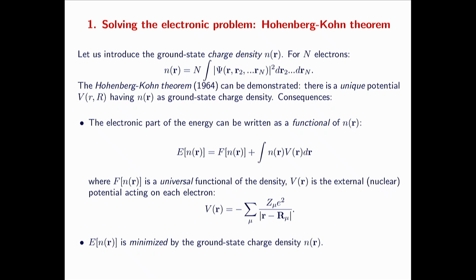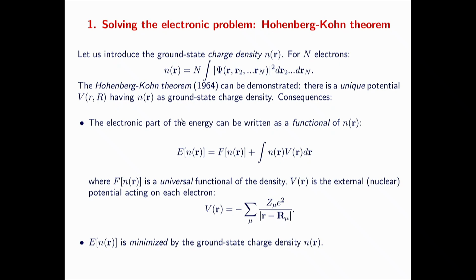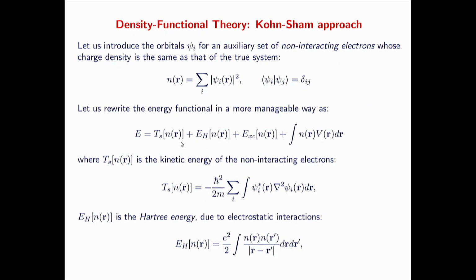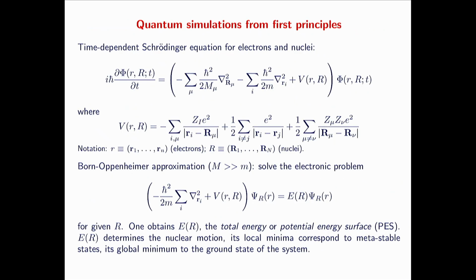So try to solve for the charge density instead of solving for the all-electron wave function. So this is the correct many-body definition of the charge density. Of course, you have to solve the original problem, which depends upon this potential that is written here.